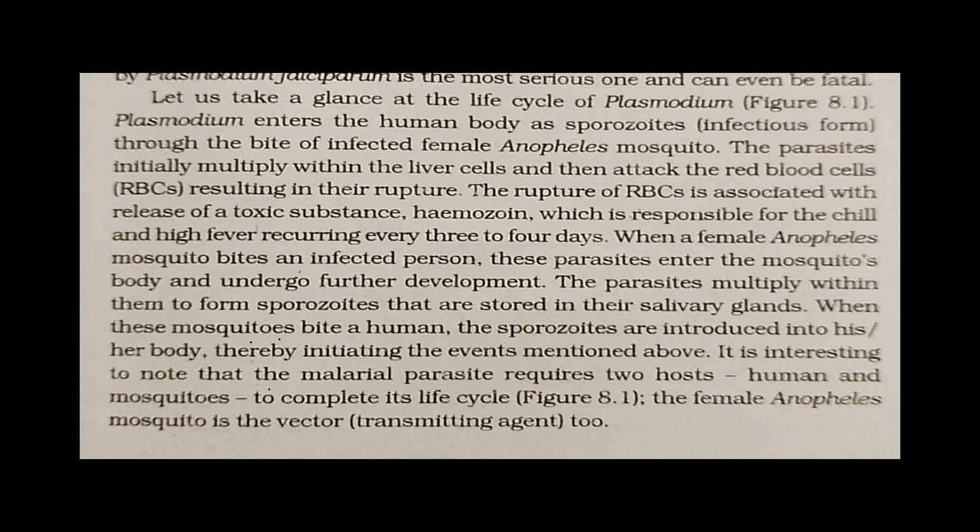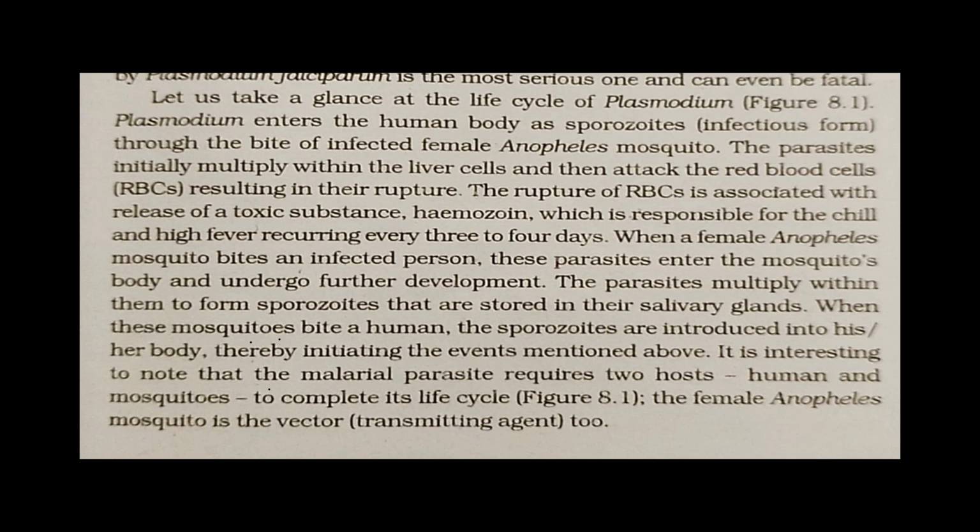When a female Anopheles mosquito bites an infected person, these parasites enter the mosquito's body and undergo further development. The parasites multiply within them to form sporozoites that are stored in their salivary glands.